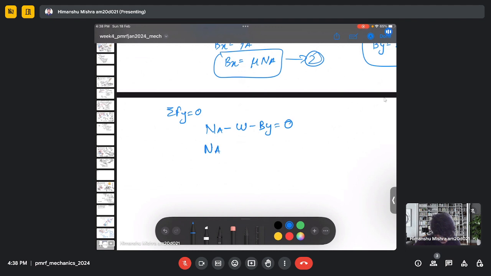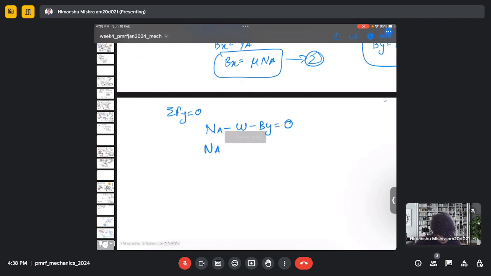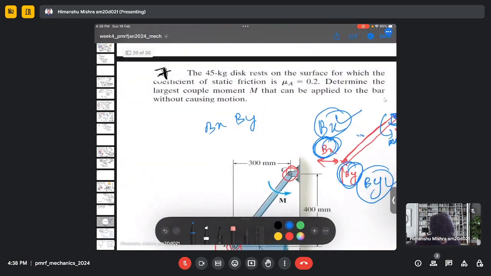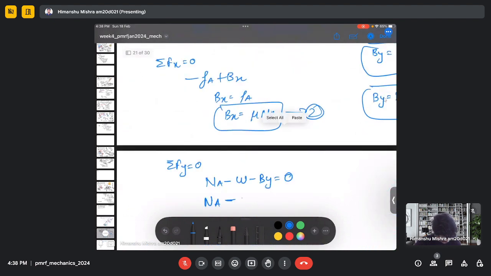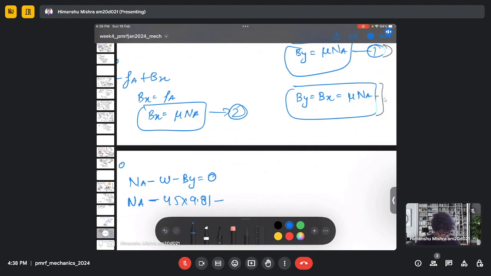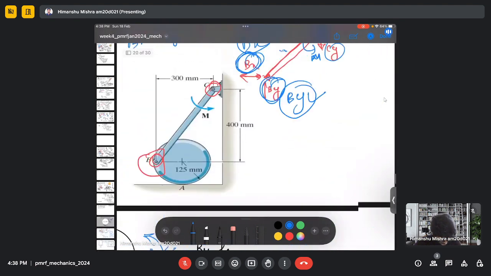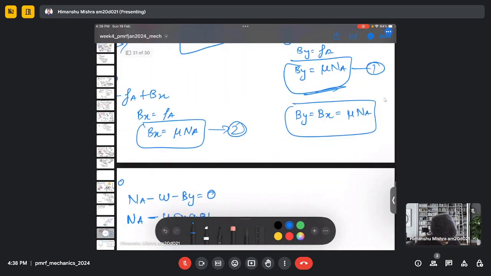So my NA is unknown. My W is 45 multiplied by 9.81, and my By is mu NA from equation 1, and my mu is 0.2.